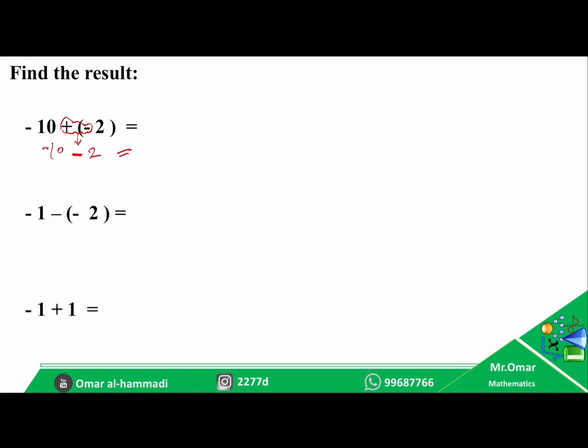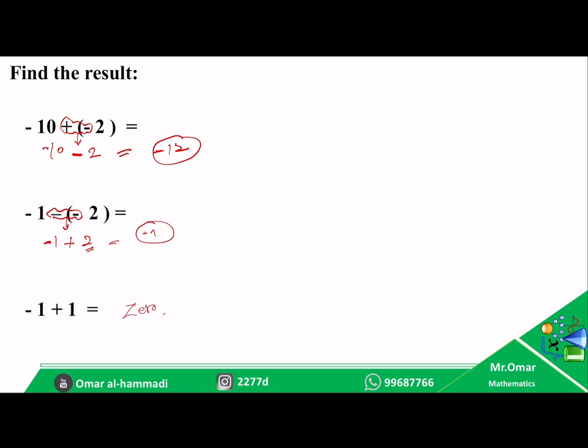And this one, as I said previously, when we have positive and negative together, this will change to what? To negative. So minus 10 and negative 2 will give us what? Minus 12. Again, minus and minus will change to what? To positive.